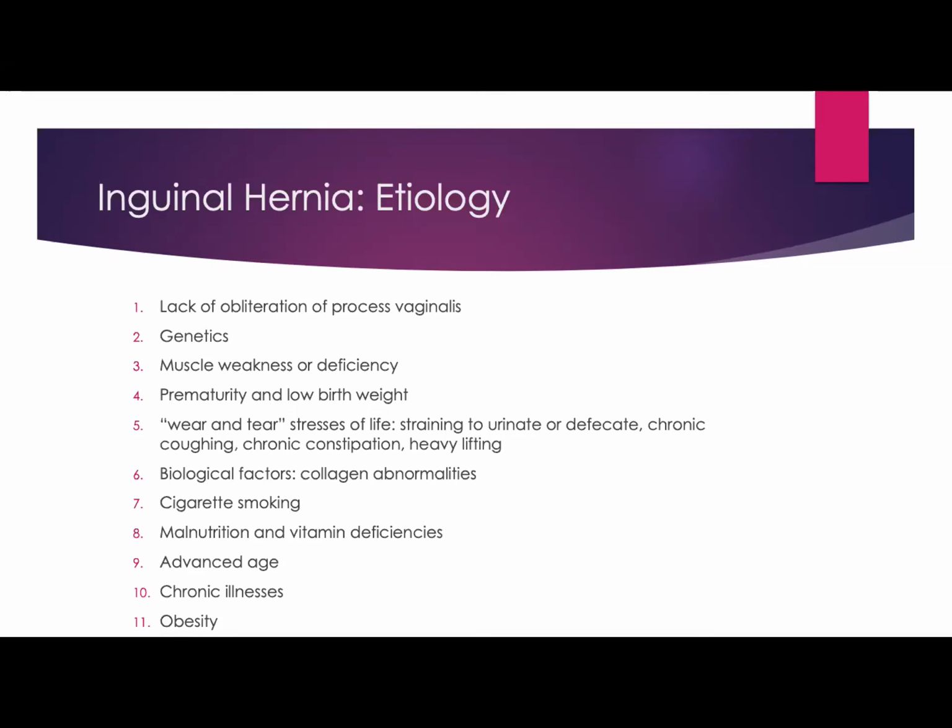So we have muscle weakness or deficiency, prematurity, low birth weight. All of that would cause weakness of the muscle. Okay, wear and tear, stresses of life, and especially multiparity, obesity, advanced age, and cigarette smoking. So all of that would cause weakness of the muscles.